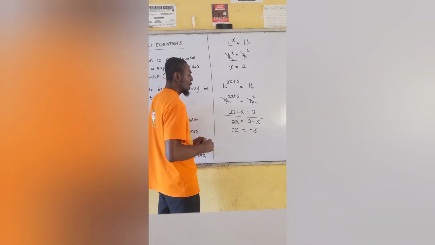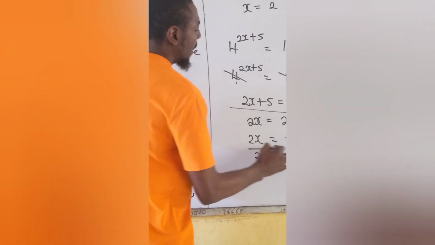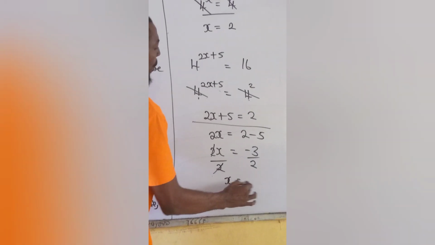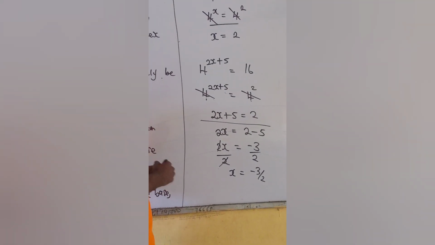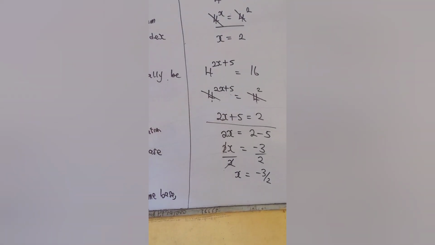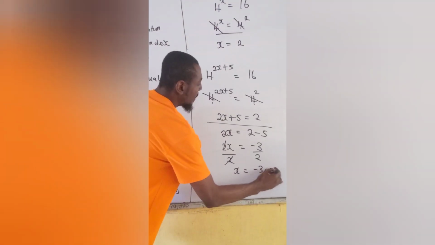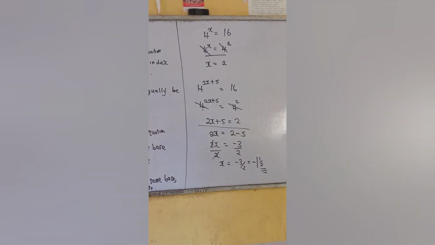But in actual sense, we say divide both sides by 2. Of course, when you do that, 2 cancels 2, and x will be equal to minus 3 over 2. In my previous videos, I did not do it this way. You just remove the 2 and bring it down here, and x will automatically be alone. And someone can say that this is equal to minus 1 over 2, and that eventually becomes the last answer.